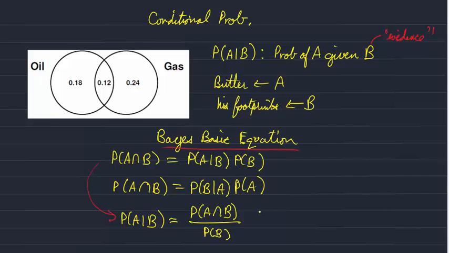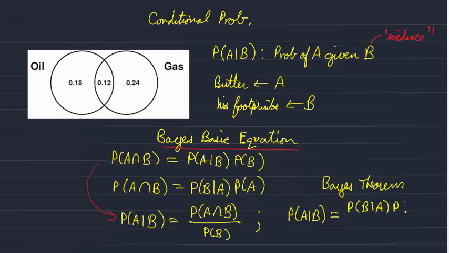And by combining with the second equation, we can derive a form of Bayes' theorem, which says that the probability of A given B is equal to the probability of B given A times the probability of A, all over the probability of B. So these equations are central to Bayesian inference or Bayesian statistics. So that's an introduction to that.